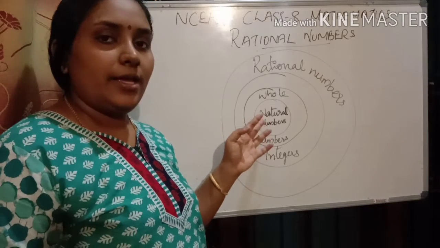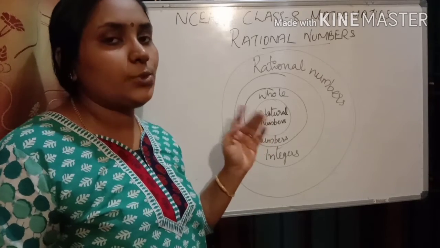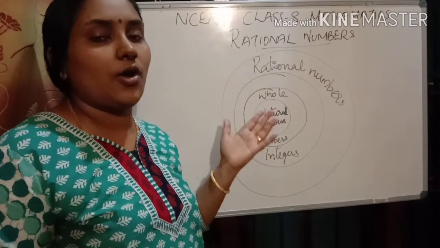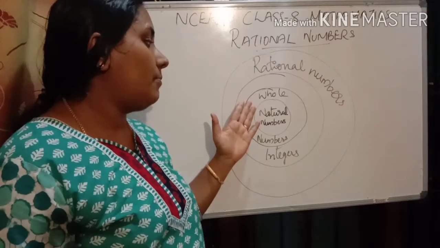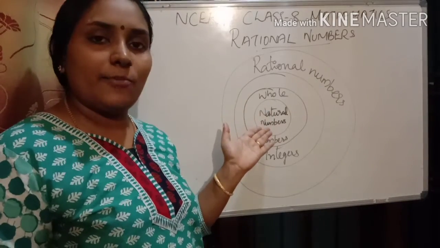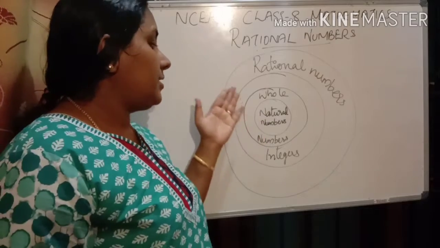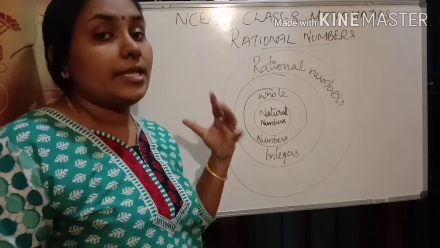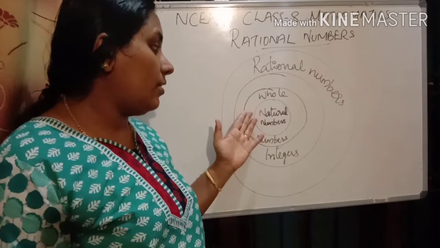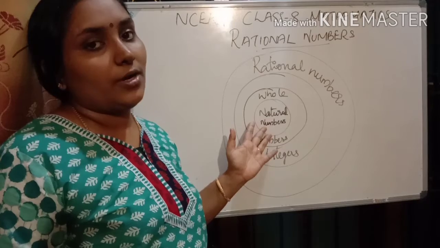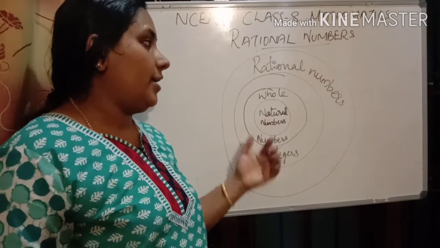Next we can see the number system using a Venn diagram. Here see natural numbers. We know that 1, 2, 3, etc. are called natural numbers. Whole numbers include both the natural numbers and 0. In integers, the negative numbers, whole numbers and natural numbers are included.